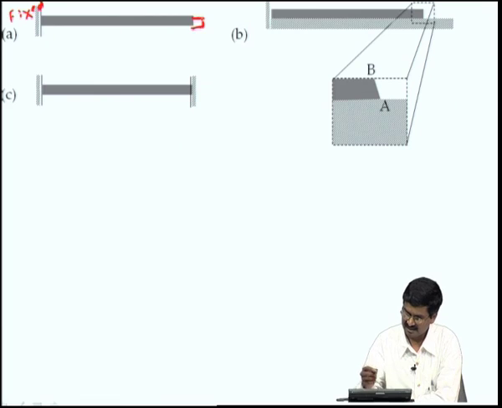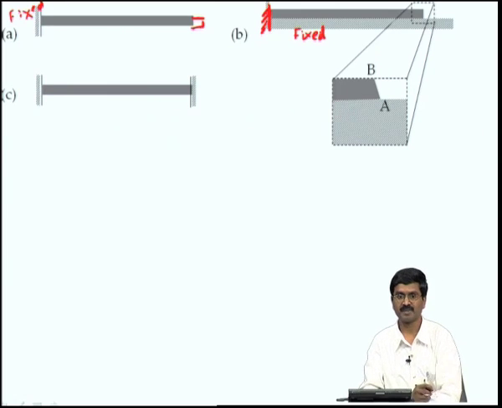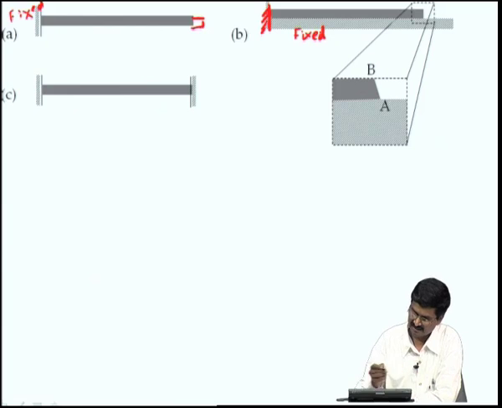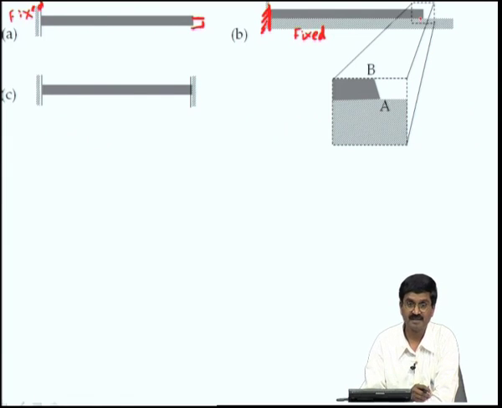On the other hand, let us say we still have it fixed at this end, and we also have it fixed along this entire length. This hatching indicates that we have fixed it there also. Then what would happen is that it cannot expand here, it cannot expand there, only the top free surface can expand.